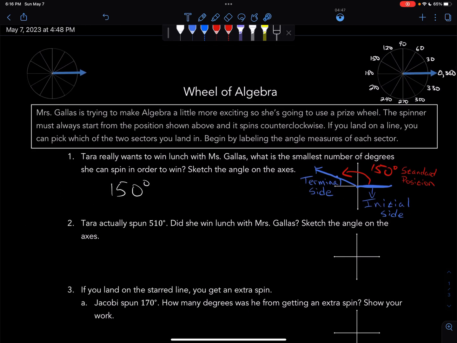So we have number 2 here, which talks about Tara spinning 510 degrees. So if we spin 510, we're going to go 360 around. And then if we think about 510 minus 360, that's 150 more degrees, and we're going to end up with the angle in that same spot we had from the previous problem. So we'll go ahead and draw that in.